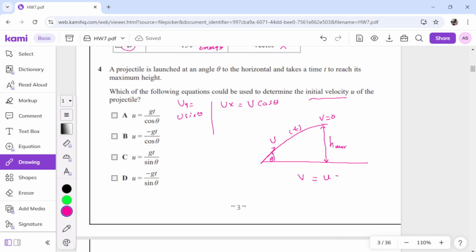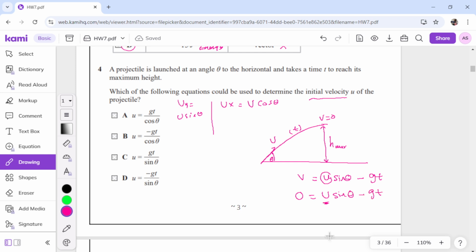And because the object is moving up against the gravitational force, it will be negative, minus gt. Now we want to find how to find u. At maximum height v equals 0, so 0 equals u sine theta minus gt.